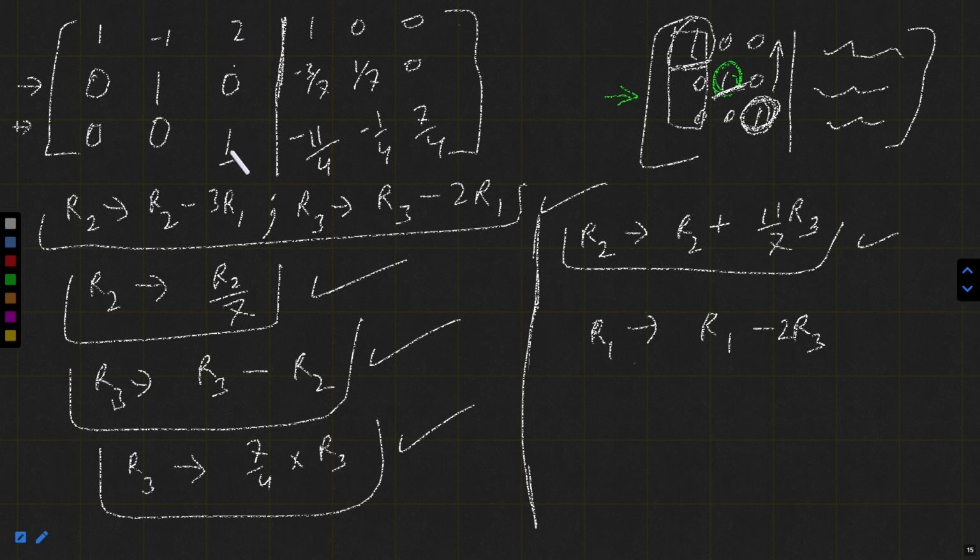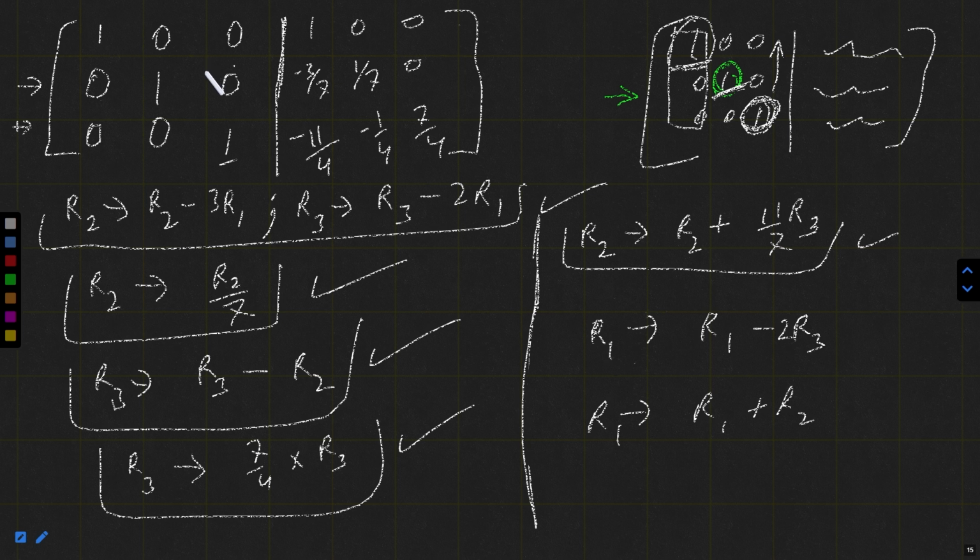Now 2 minus 2, R1 minus 2 times of R3, which is this. So means 0. This will be 0. Now I want 0 here. So quite simple. Just add these entries. So R1 will be R1 plus R2. So 1 plus 0 will be 1, minus 1 plus 1 will be 0, 0 plus 0 will be 0. Okay, simple.